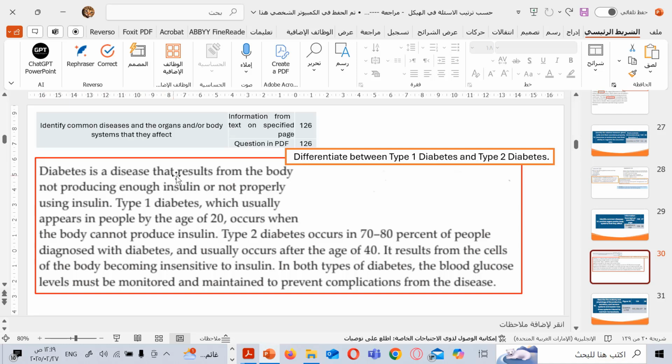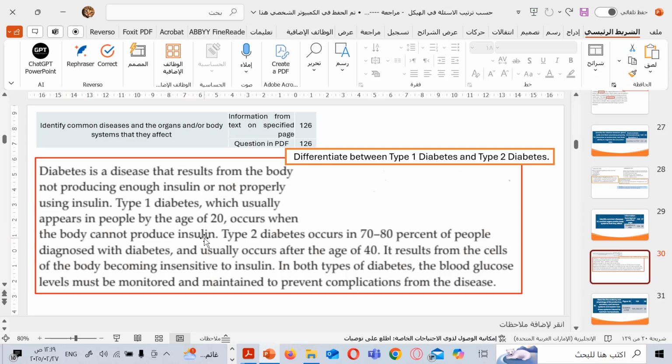Diabetes is a disease that results from the body not producing enough insulin or not properly using insulin. Type 1 disease, which usually appears in people by the age of 20, occurs when the body cannot produce insulin.